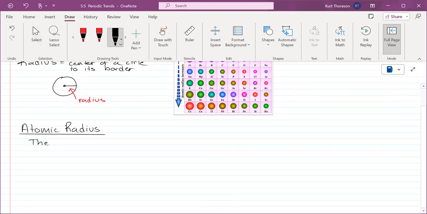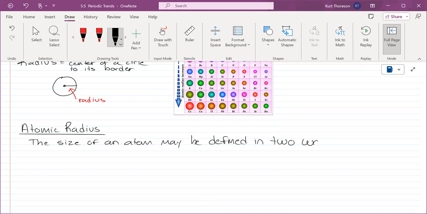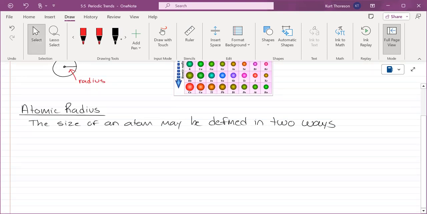Now, the size of an atom may be defined in a couple ways, 2 ways. Every atom is a different size.